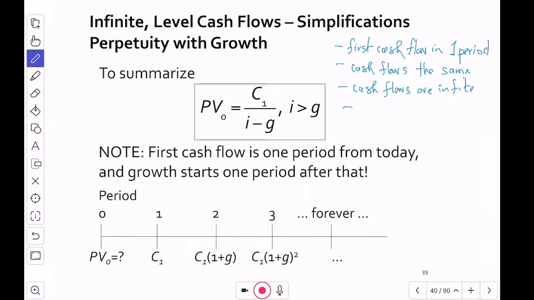And what else? Growth starts in second period. Remember, this is period 1, this is period 2. So growth starts after period 1 in period 2.